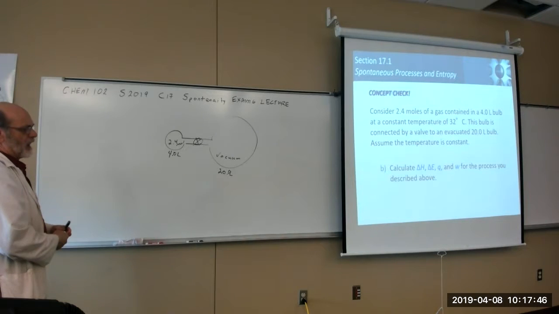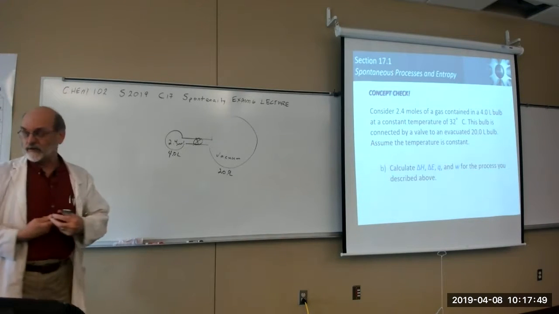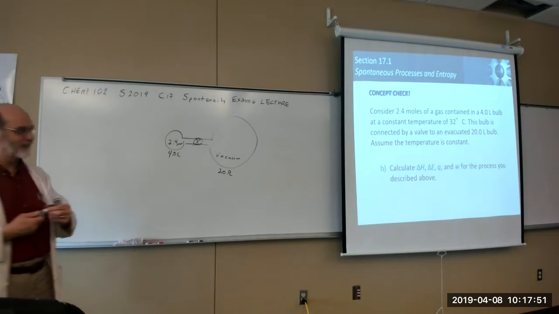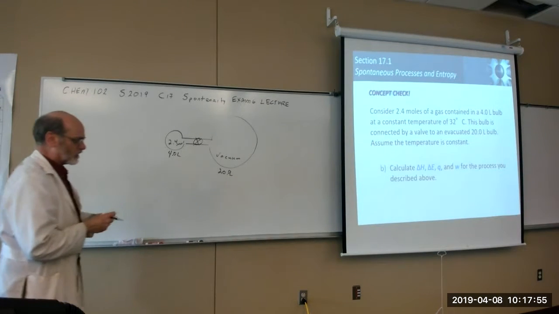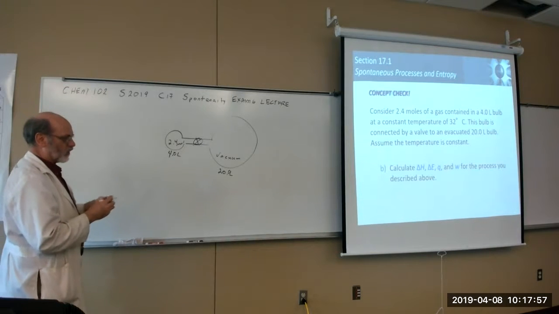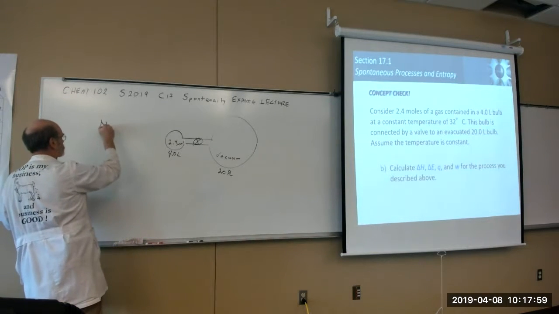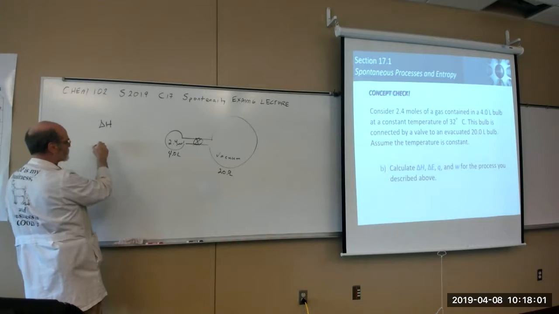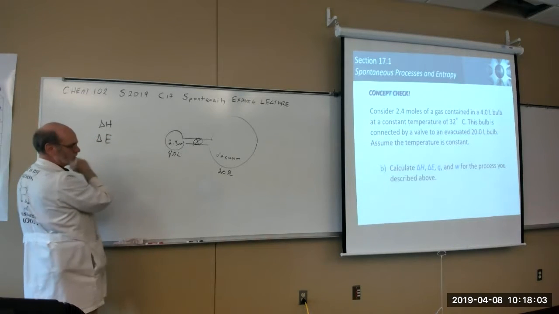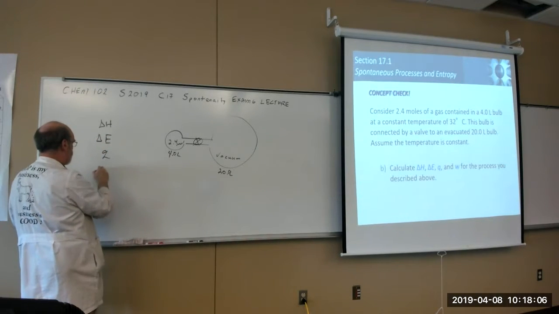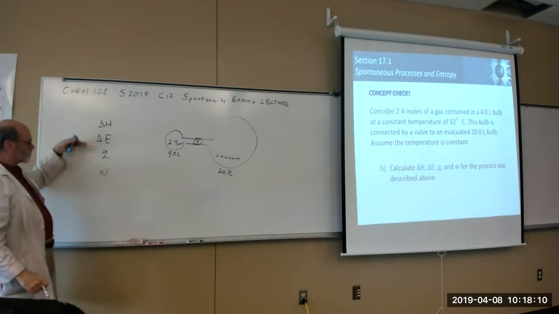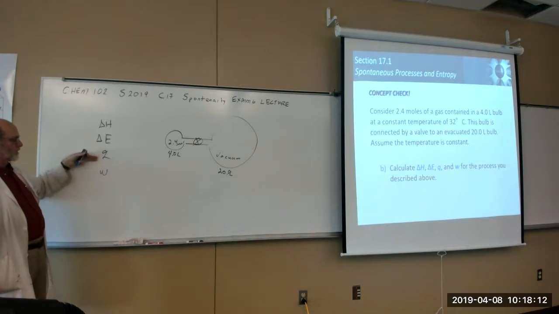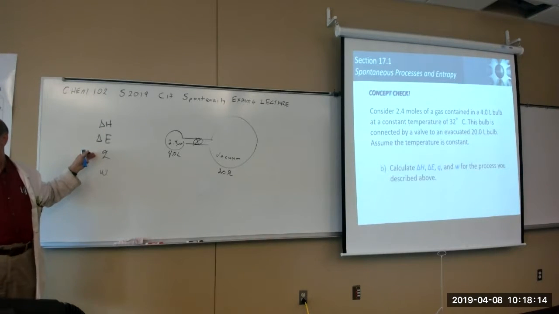So I guess now we'll have to go back to the first semester again. Right, so what are each of these values? The change. Right, delta H, delta E, Q, and W. Remember, this is enthalpy, which is related to Q, okay? As long as the pressure is constant, they're equal.